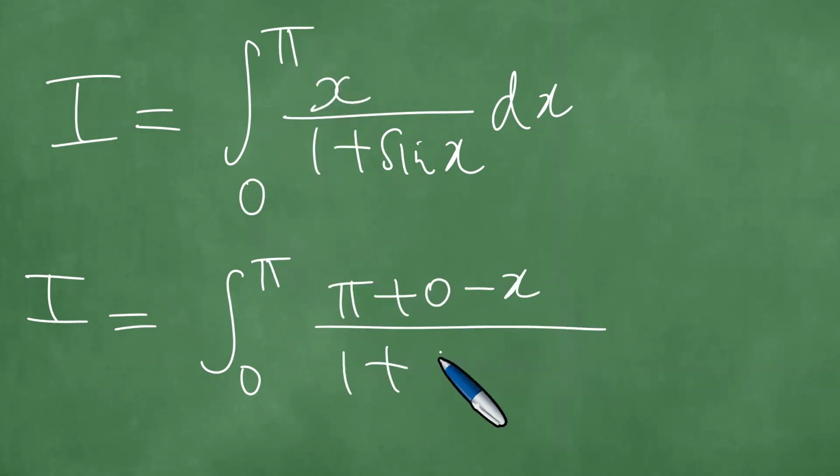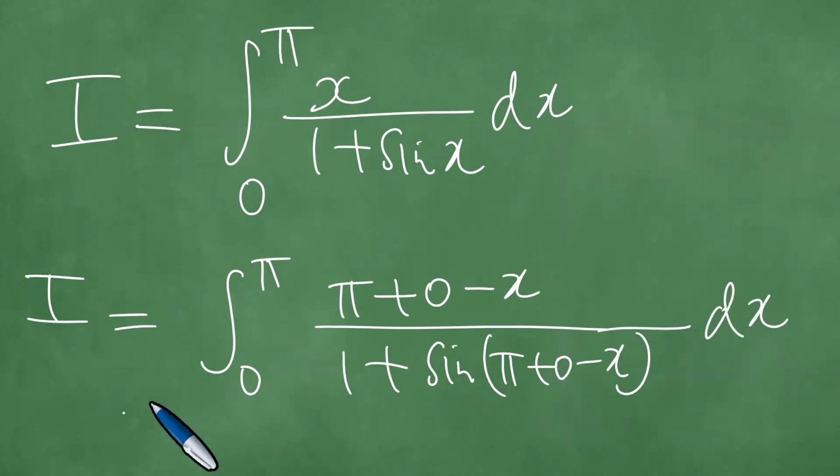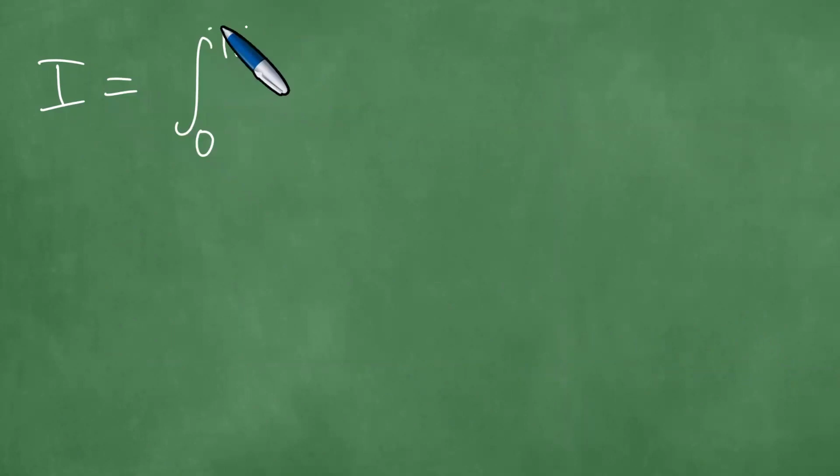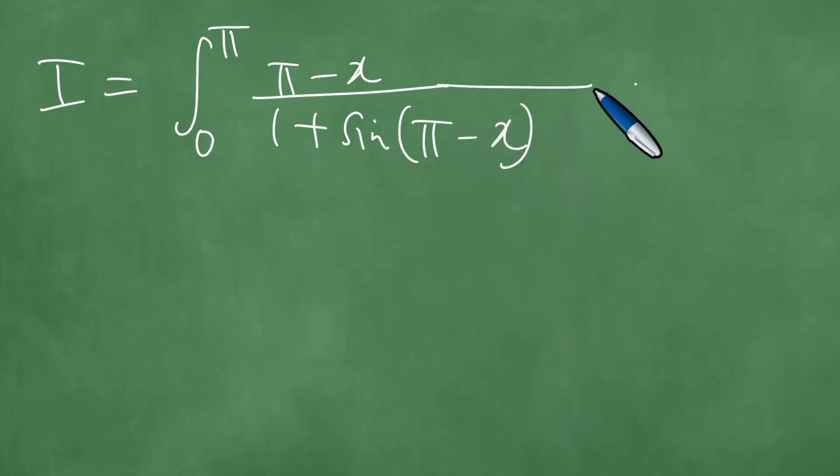So we have the sine of pi plus 0 minus x in the denominator. In the end, you have I equals the integral from 0 to pi of pi minus x over 1 plus the sine of pi minus x dx.